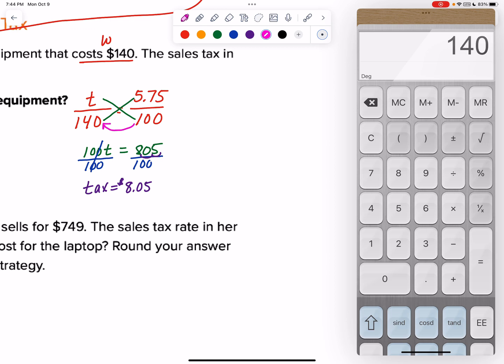I could do 140 divided by 100, and I'd get times 1.4 over 1.4, which means I can just multiply that by 5.75, and we get the same thing, 8.05.